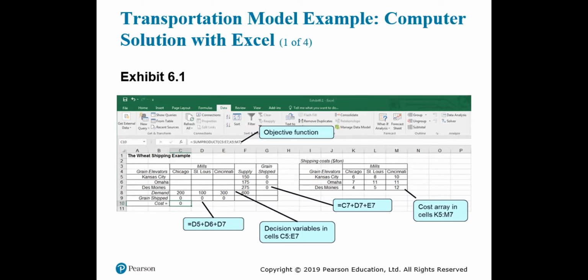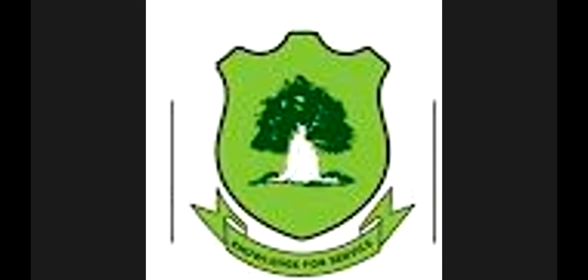That's the structure. Let me check which one I said, 6.1. Okay.